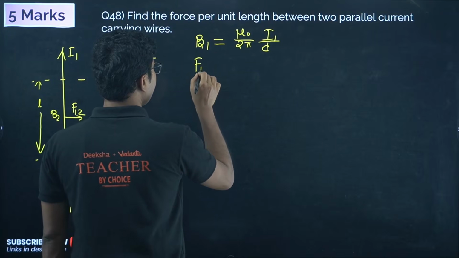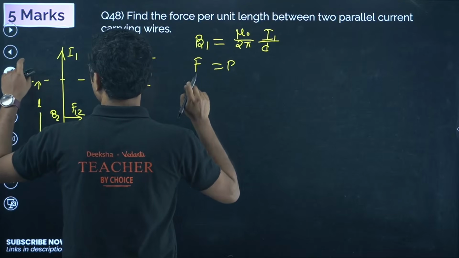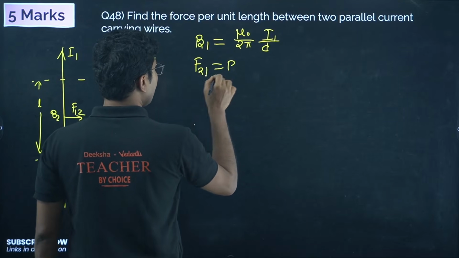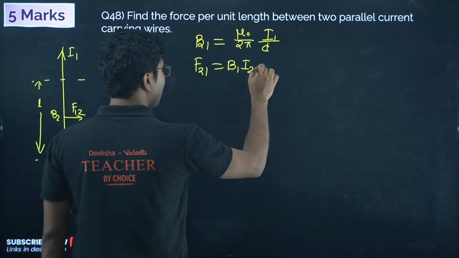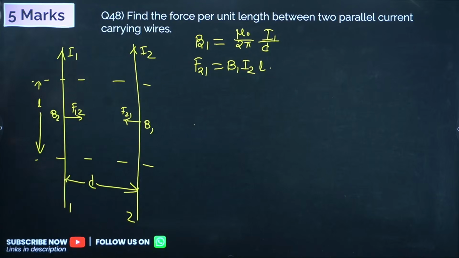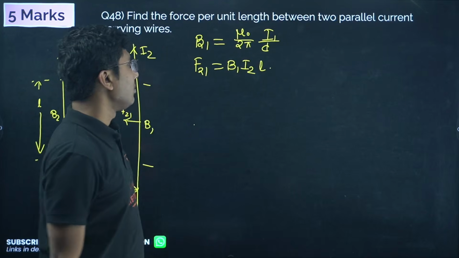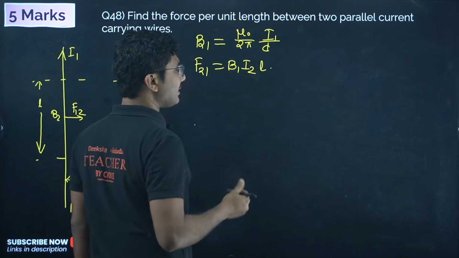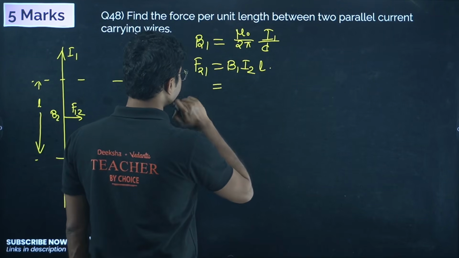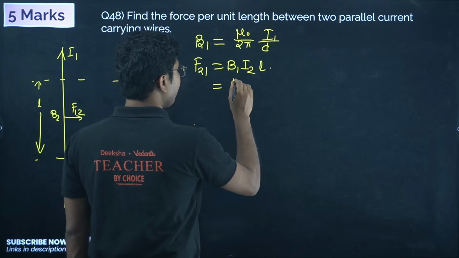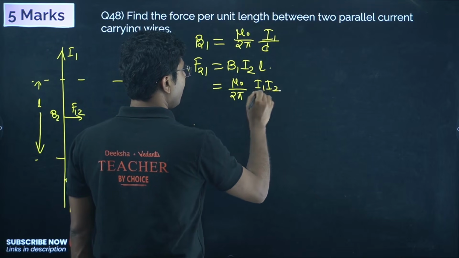Force acting on 2 due to 1, that will be magnetic field into current into the length. Now here both are very long, so we are taking a certain length of the wire on which the force is acting. Eventually you have to eliminate this L, because this L is arbitrary, we are assuming this L. So now we can say that this is mu naught by 2 pi I1 I2 by d into L.